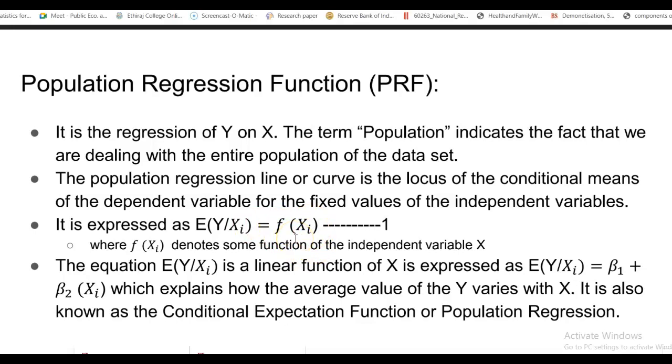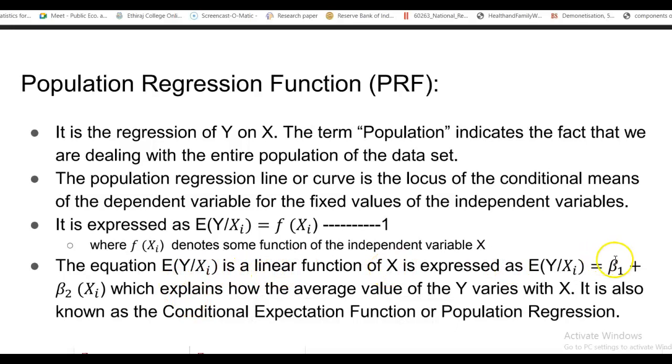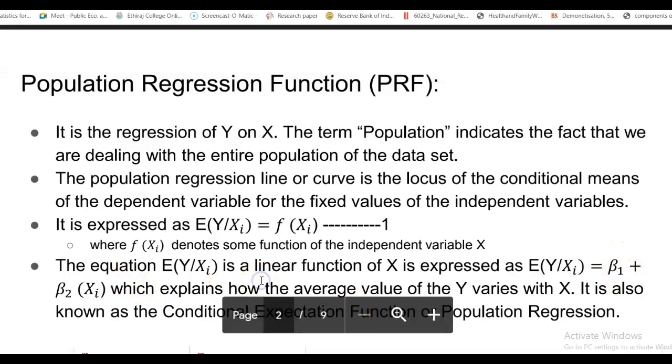Only when the income changes does the consumption expenditure change, so it denotes that it is some function. This conditional expected value, or average value, of the consumption expenditure is dependent on the income. So the equation here is a linear function of x, represented as beta 1 plus beta 2 xi. What does it explain? How the average value of y is changing with the change in the value of x.